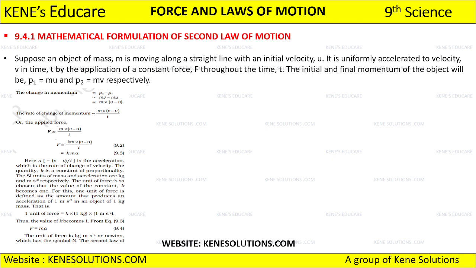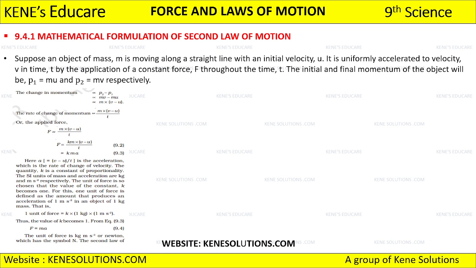And thus the value of k over here becomes 1, and from that equation we get the formula F is equal to ma, that is mass into acceleration.